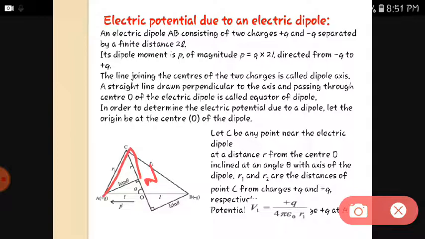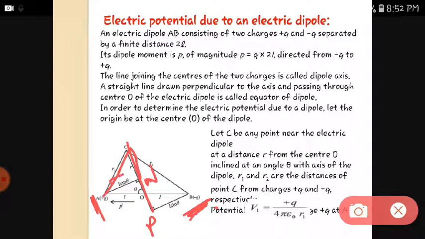And in the case of B, if I say R2 is similar to CP, then what will that be? CP is nothing but CN plus NP. Are you getting what I am trying to say? C is the point which is located at some distance R, and R1 and R2 are the different distances from both the dipoles, right? And we are going to find out the values for R1 and R2.